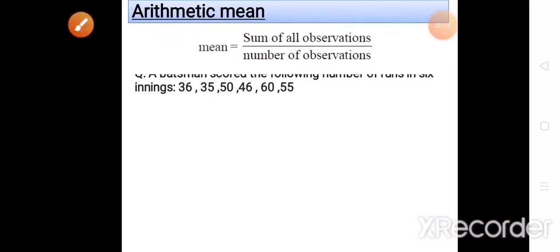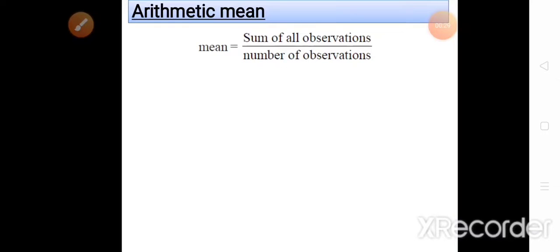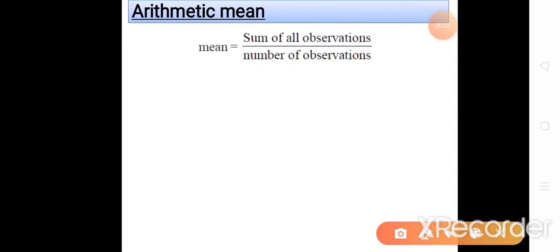For example, as you can see, there is a question here. But before going to the question, I would like to tell you a few more things. So let's keep the question waiting for a while. Observations can be of any form. For example, suppose you have collected the marks scored by your friends and yourself in maths.